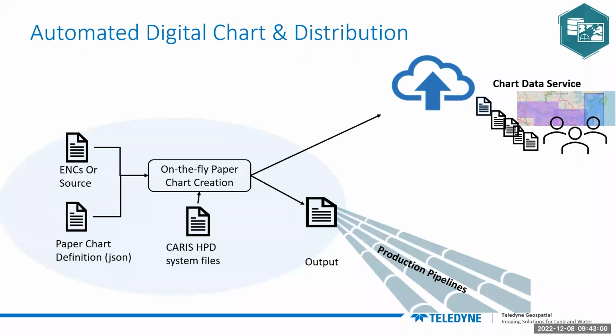The automated digital chart aspect of this takes either ENCs or source as the input to create that digital product. So it could for sure be that ENCs are the source data of your resultant digital chart.